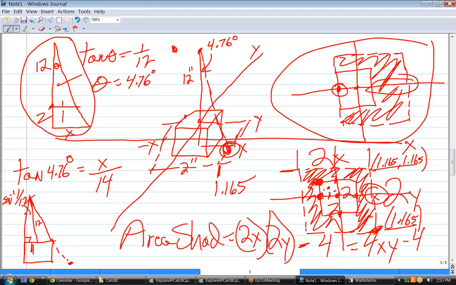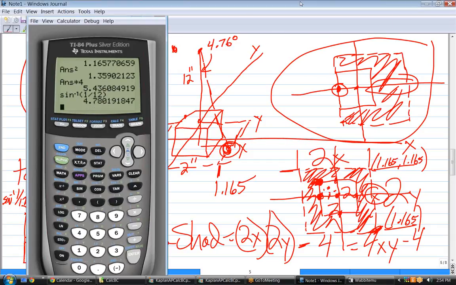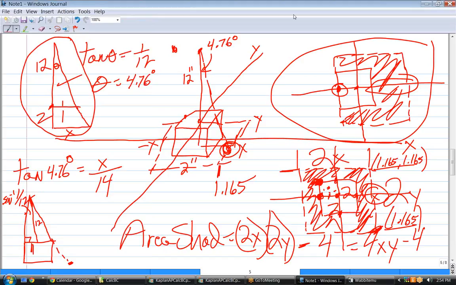Okay. The inverse sine of 1 divided by 12 equals 4.78 degrees. So this small angle right there is 4.78 degrees.